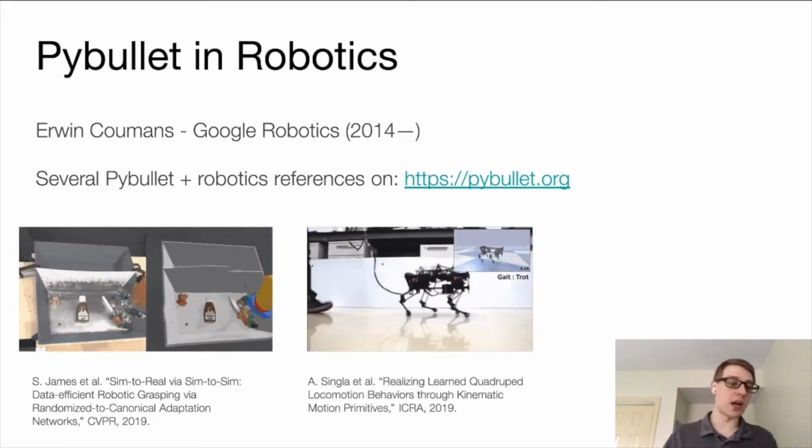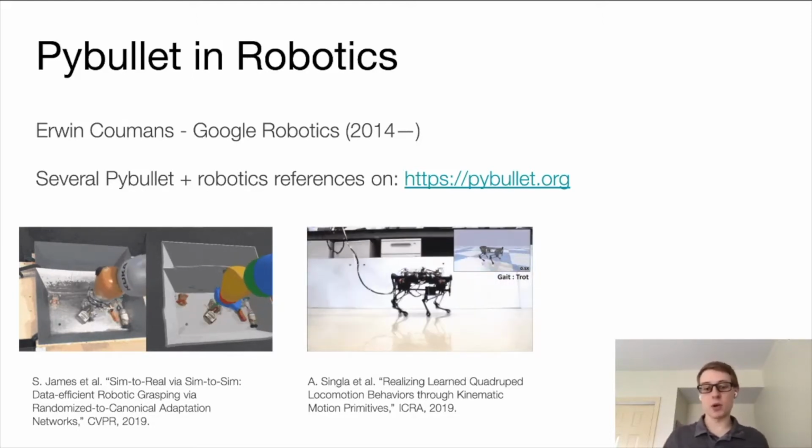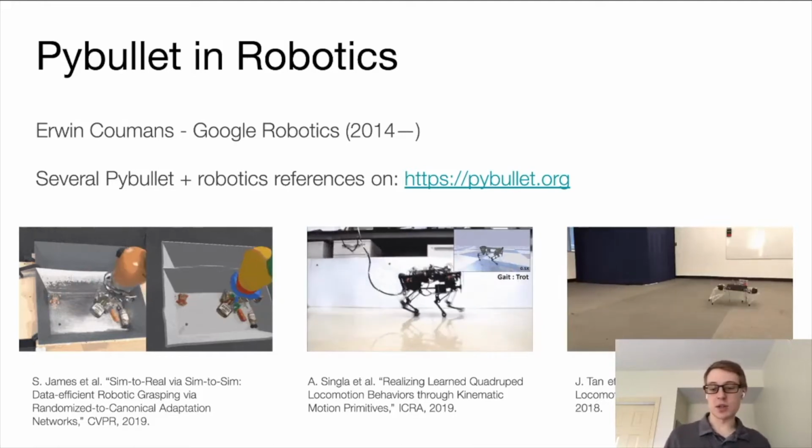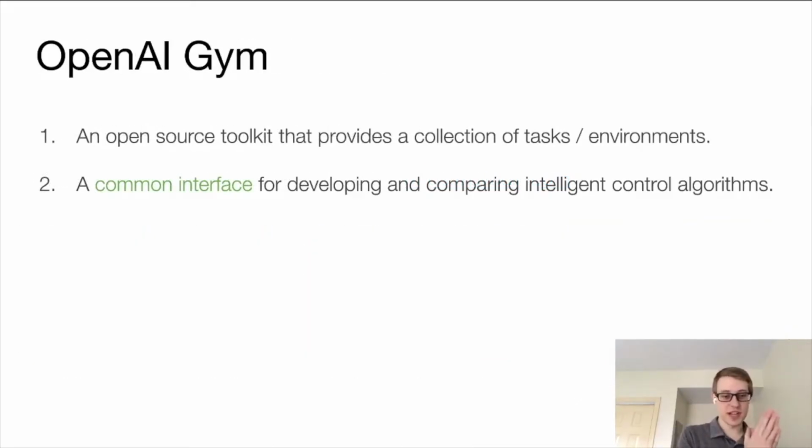For example, picking up objects out of a bin, or teaching quadruped locomotion robots to walk or gallop. So we just finished looking at the PyBullet physics engine. It's been used in a number of different examples, both movies, games, and more recently in robotics.